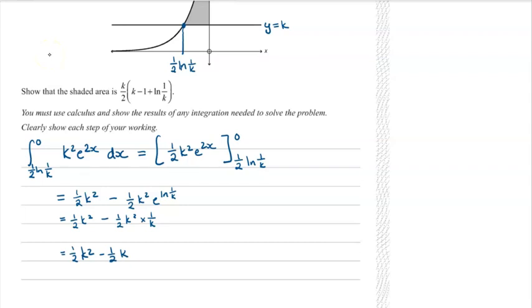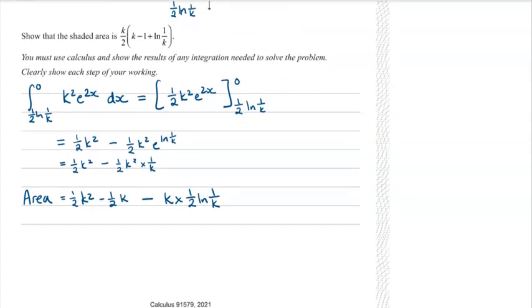Right, so that would give us the area under the curve, which includes this bit up here, remember. So we now need to take away that little rectangle portion. So the area would equal this minus the area of this rectangle. Now the height of the rectangle is k, and the base of the rectangle is the distance between 0 and this coordinate here, so that will be half natural log 1 over k.